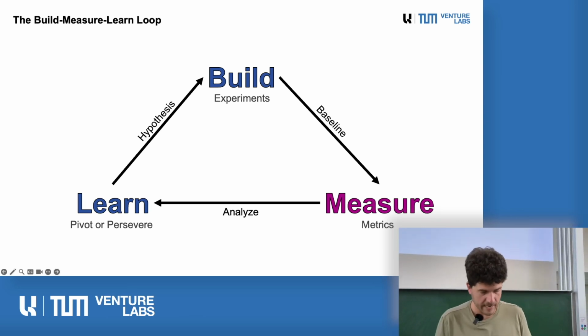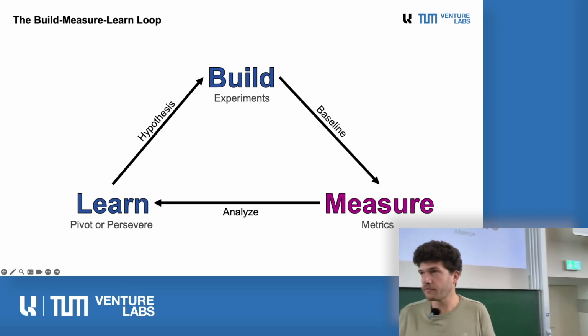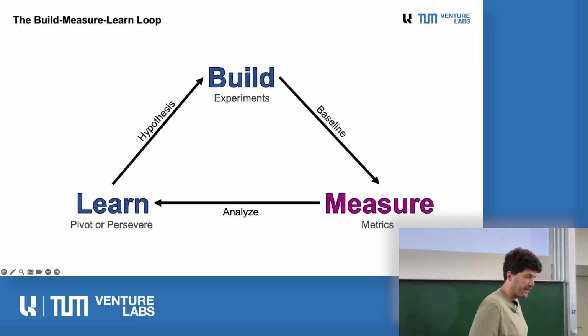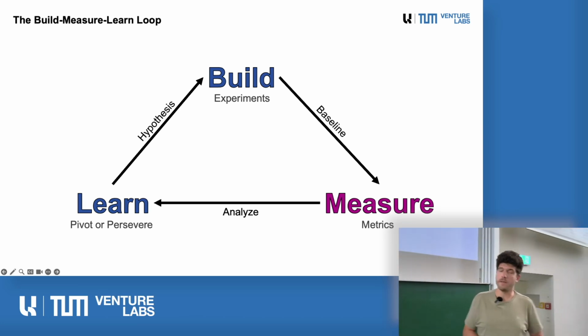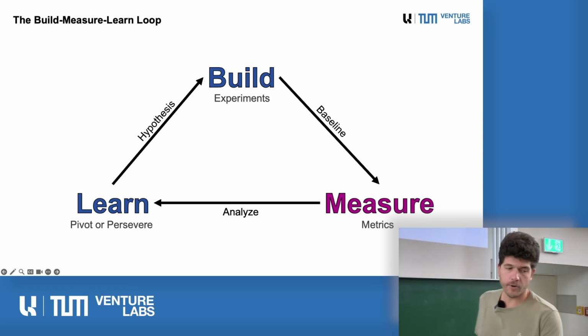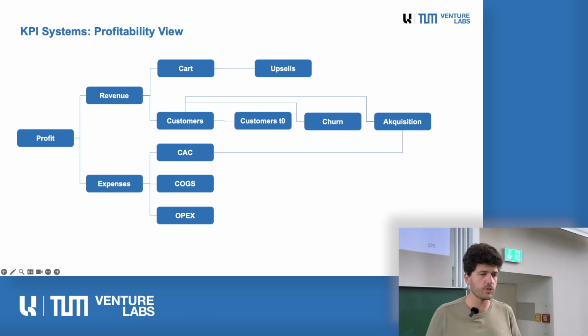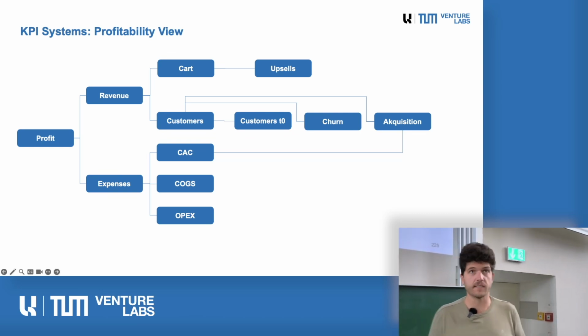Of course, in the early stages, it's good enough if people tell you what they consider valuable, what they think they want, but at some point you want to get to something that looks a little bit like this. You want to get to a kind of KPI system.